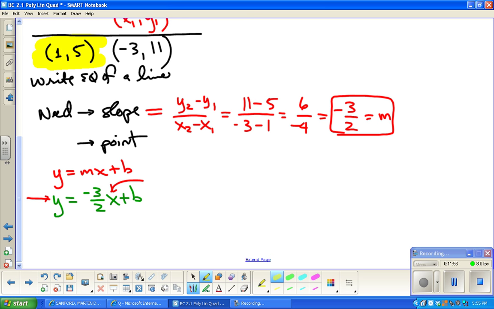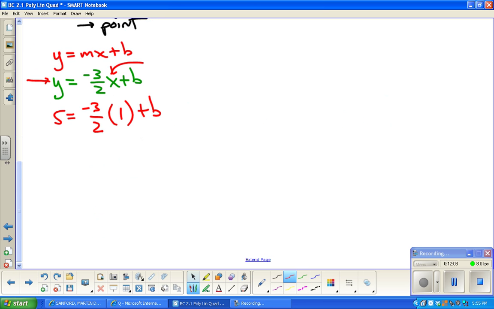Now, could I have picked the other one? You bet I could. Doesn't matter. So the y value from that was 5. 5 equals negative 3 halves times 1 plus b. Okay, and solving for b, negative 3 halves times 1 is negative 3 halves.